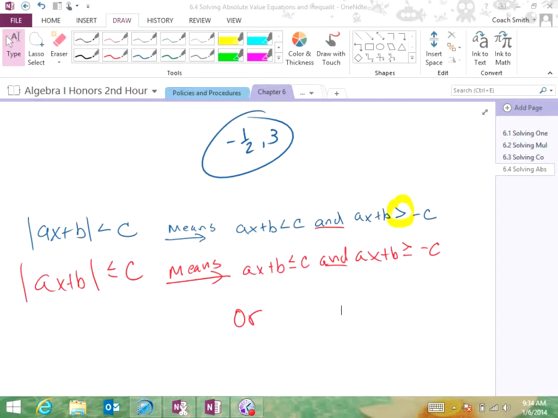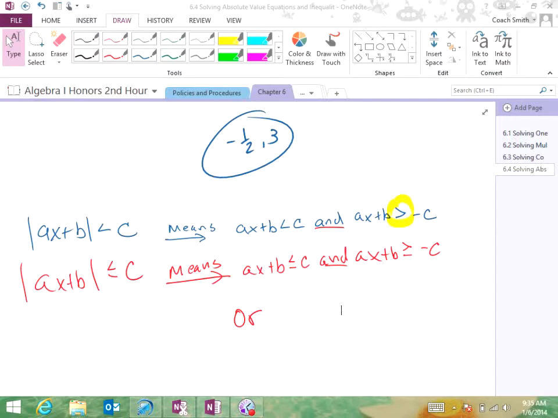Can't remember what section it is, I think it was section 1 or 2 in this chapter. We had the and or statements.